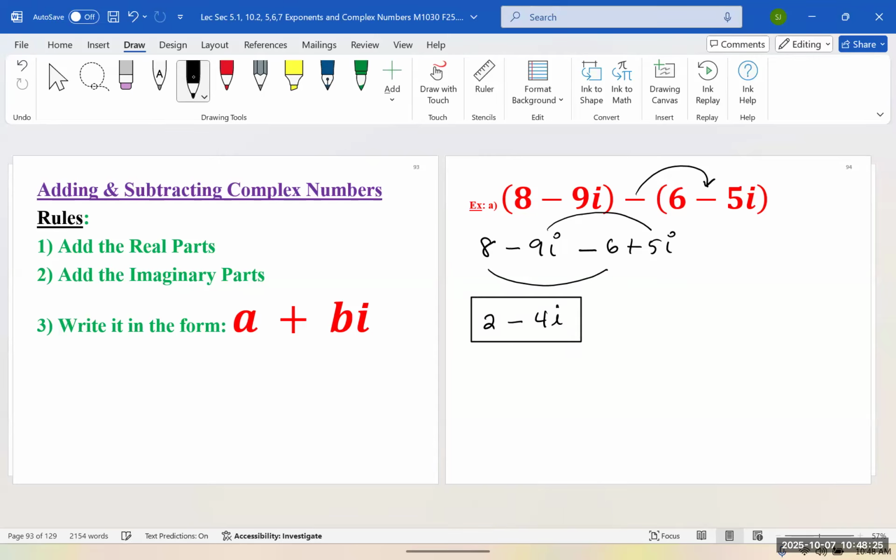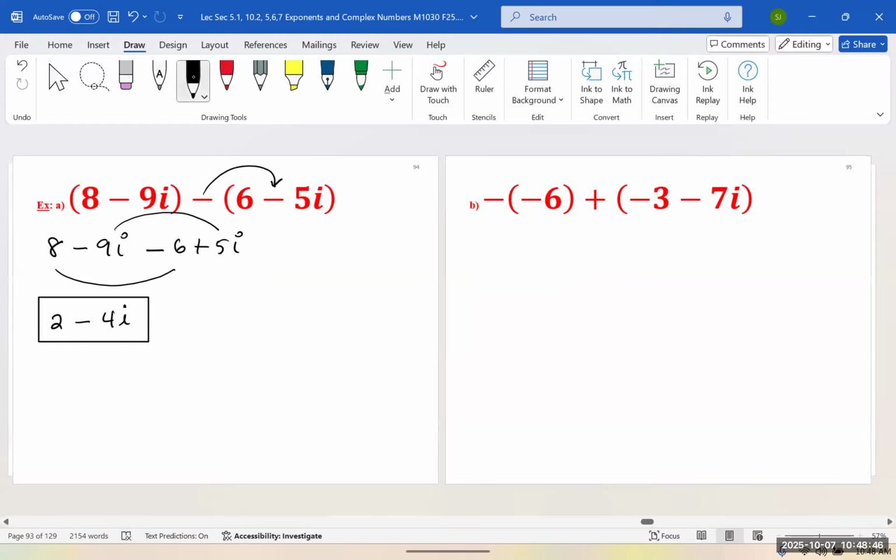And that's our final answer. 8 minus 6 is 2, minus 9 plus 5 is minus 4, and we keep our i. i is just like the variable x. The difference between i and x is that x could be anything, but i cannot be anything. i has to be an imaginary number. That's the difference, but they work the same way.